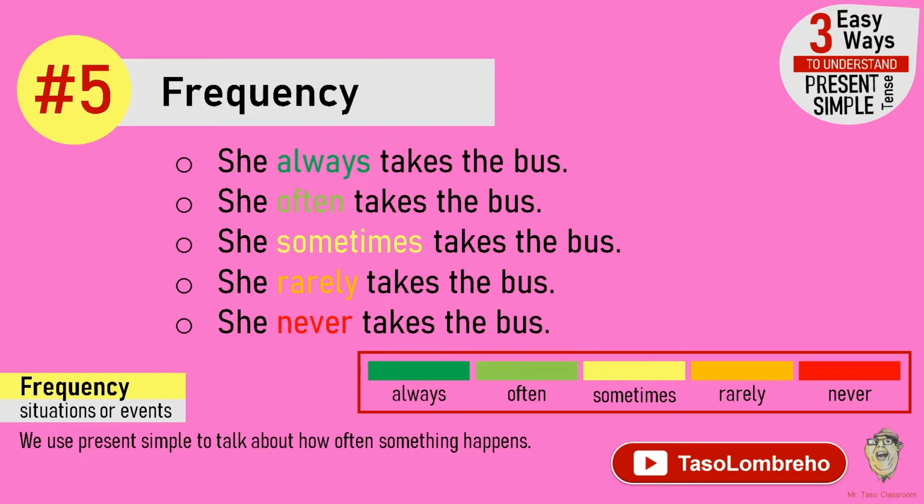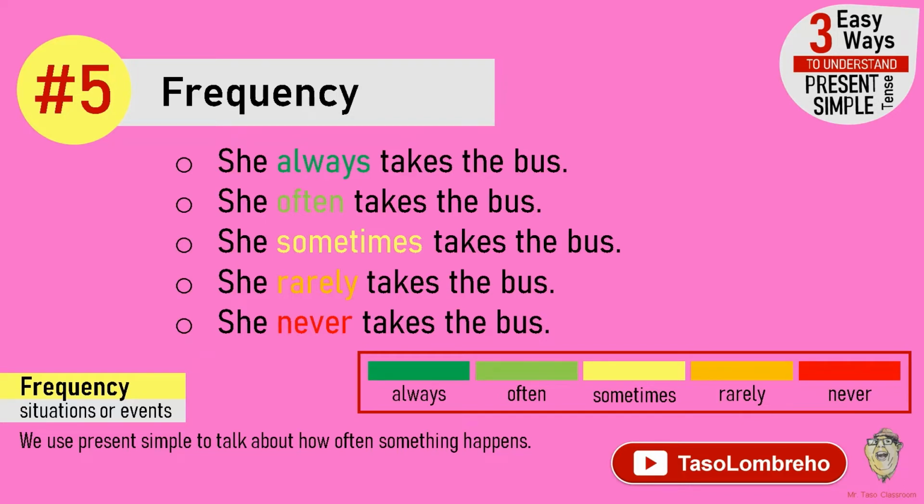Number 5, we use present simple to talk about how often something happens. There are 5 categories, beginning from always until never. This is the frequency of doing something or how something happens.